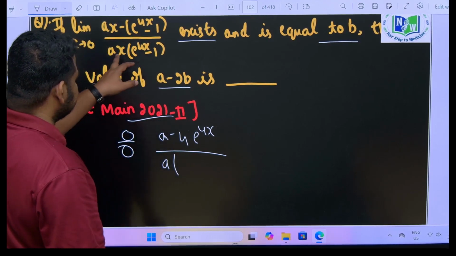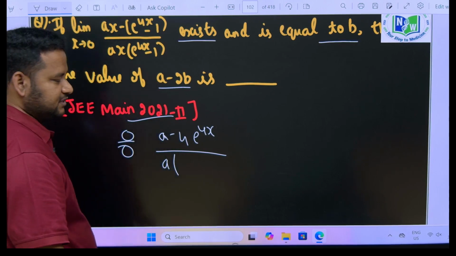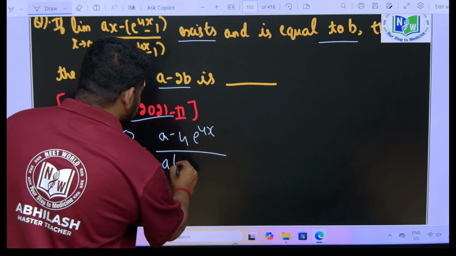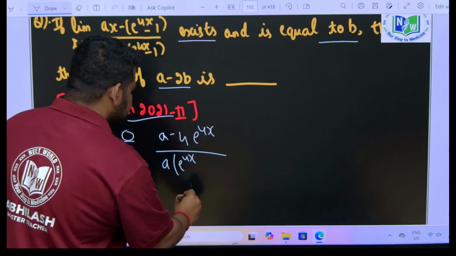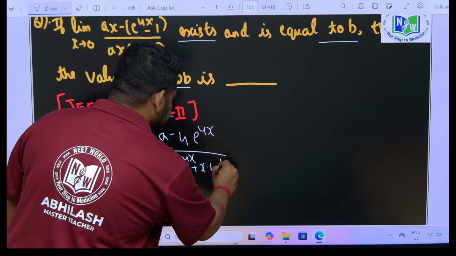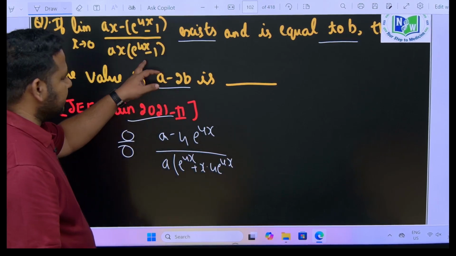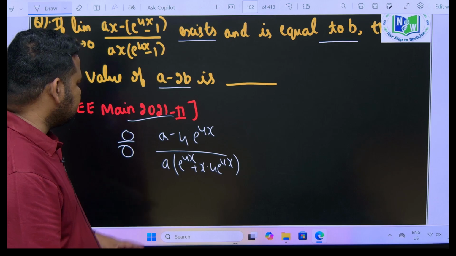If I send x inside, this will be x into e power 4x, and its derivative is e power 4x plus x into 4 into e power 4x, and the derivative of the constant is 0. Okay, now look at this, friends.